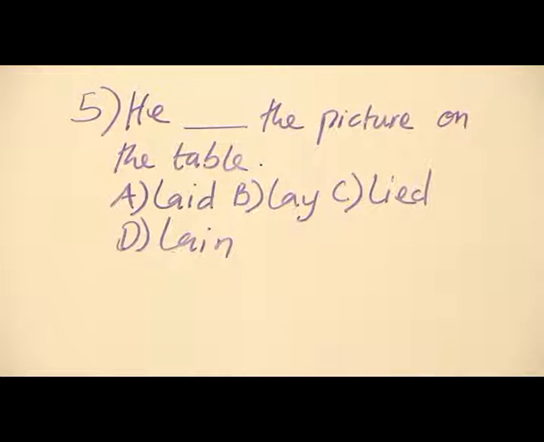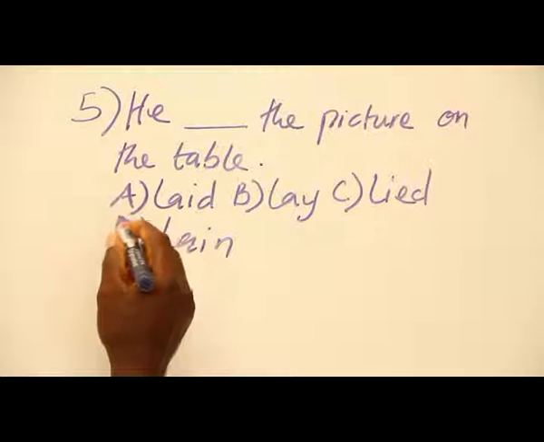The question: he dashed the picture on the table. I will have option A, laid; option B, laid; option C, lied; and option D, lay. What is our answer? Our answer to this question is laid.